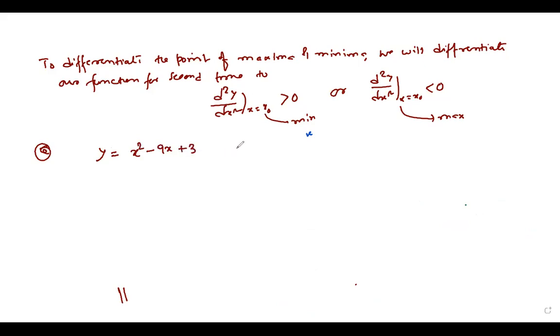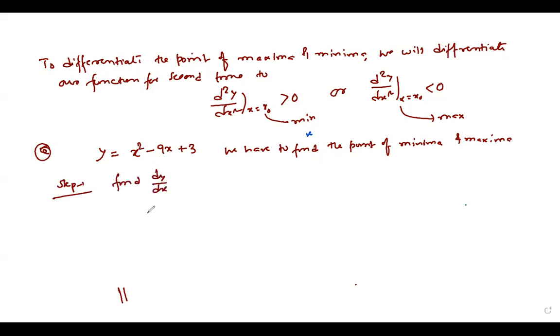Okay, and we have to find the point of minima and maxima. So how are you going to solve it? The first step, step 1, find dy by dx. Okay, because we know at the point of maxima and minima, the slope is 0, dy by dx is 0.